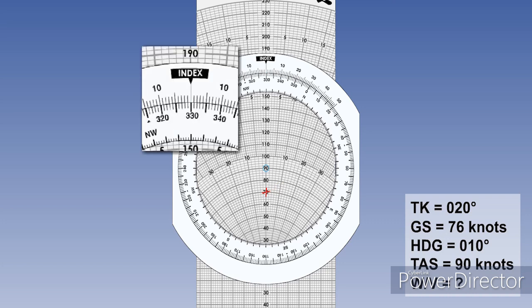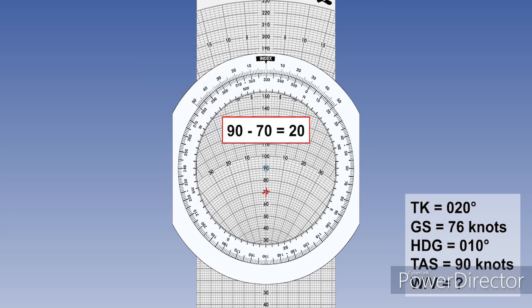Read off the wind direction under the index mark, 330 degrees. The wind speed is the difference between the speed under the center circle and the speed now showing below the wind mark. 90 minus 70 equals 20. The wind velocity is 330 degrees at 20 knots.